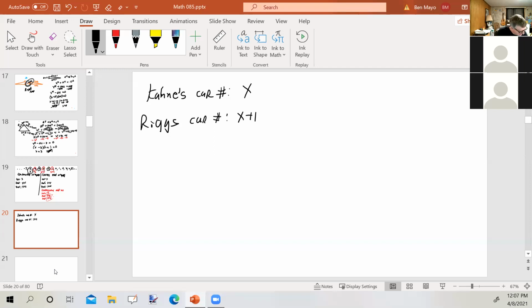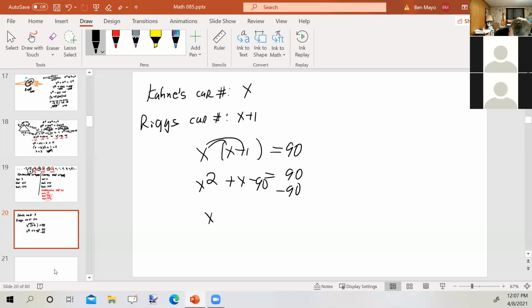All right. It says they're consecutive positive integers whose product is 90. So our equation becomes x squared plus x equals 90. Subtract 90 from both sides of the equation: x squared plus x minus 90 equals 0.